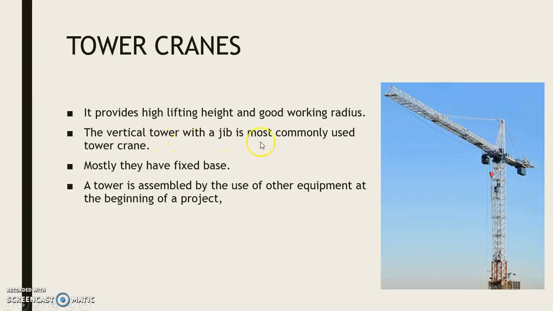The vertical tower with a jib is the most commonly used tower crane. Mostly they have fixed bases. So it will have a base and obviously it will have a foundation, because this load is ultimately transferred to the ground. A tower is assembled by the use of other equipment at the beginning of the project. Yes, so assembling of these parts is done.